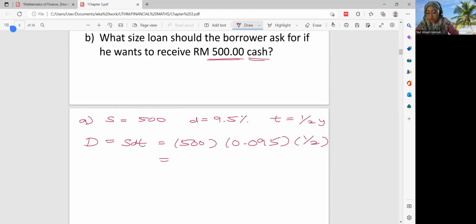So this is the discount, the discount that the borrower gets.